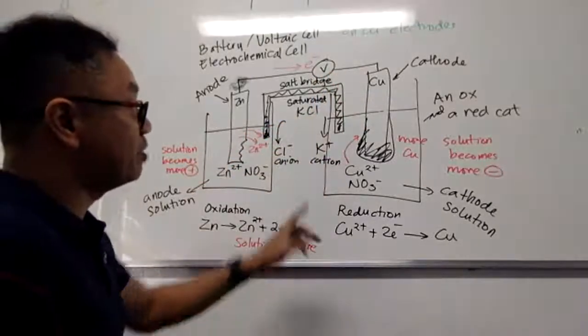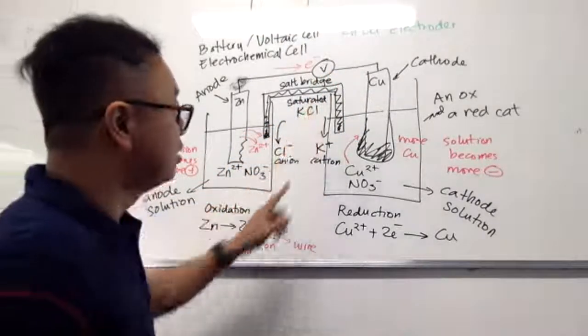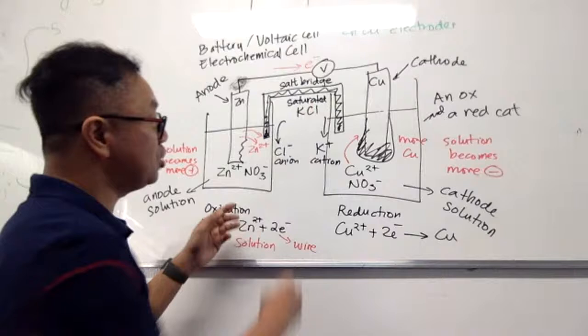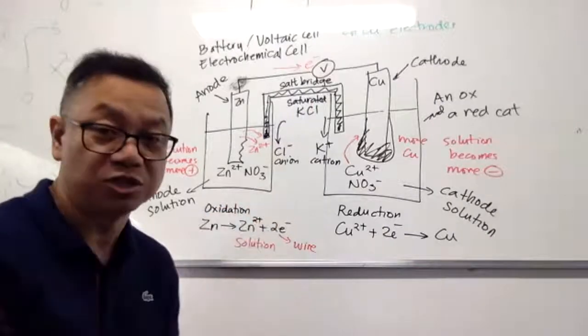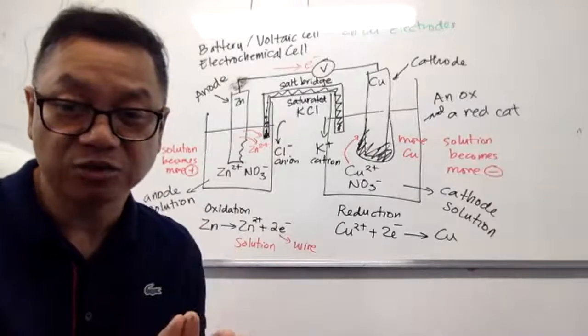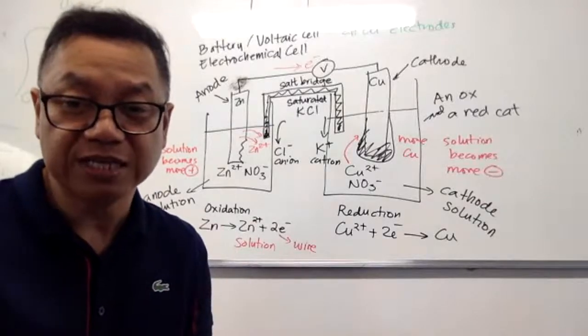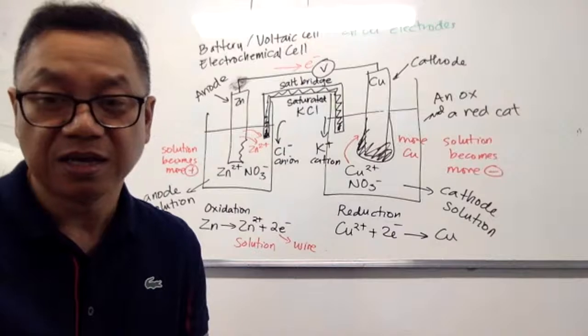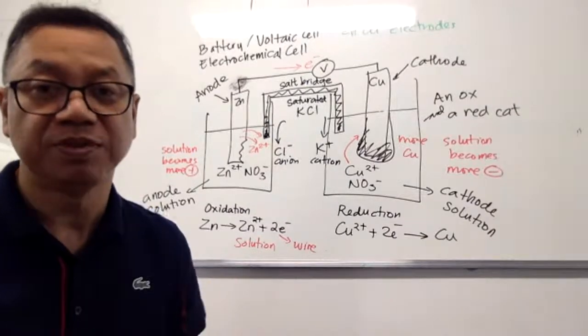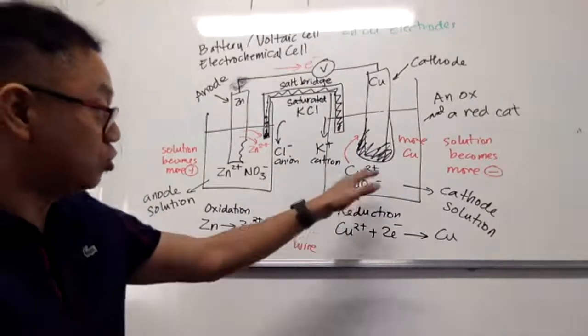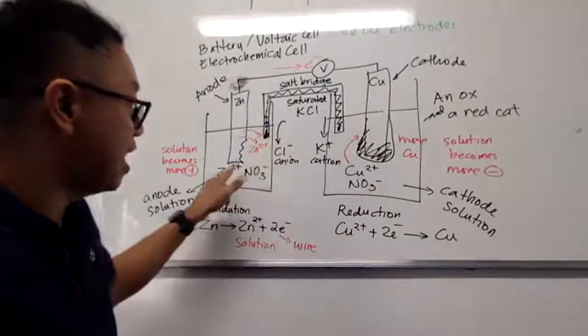And so what happens, we need to put a salt bridge. The salt bridge is connected to two beakers. It completes the whole circuit. Now, what is the purpose of the salt bridge? To maintain electrical neutrality of your solution, the cathode solution and the anode solution.